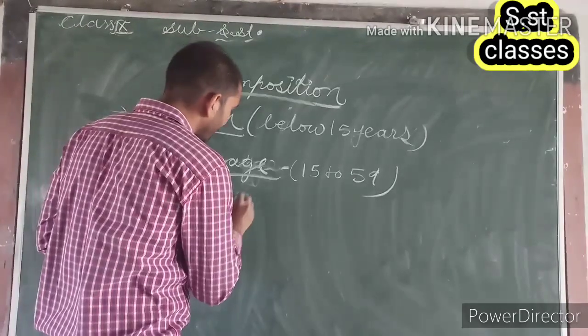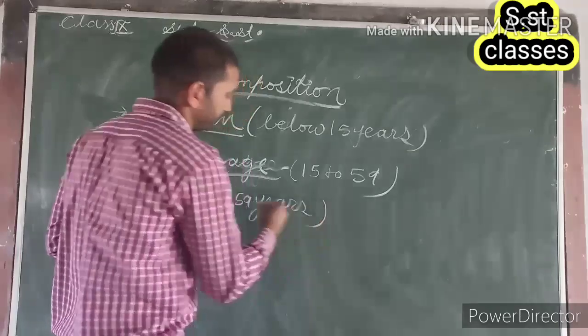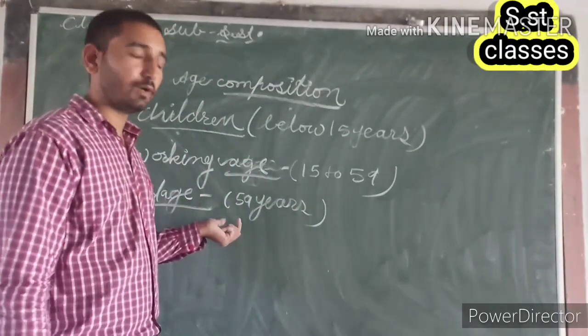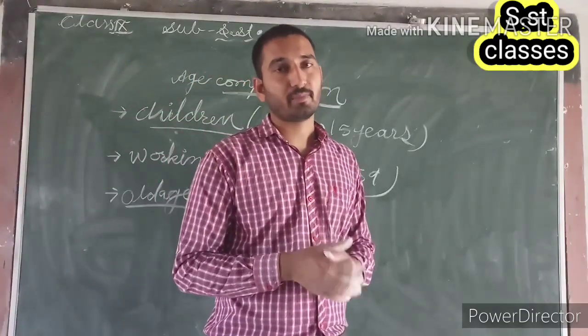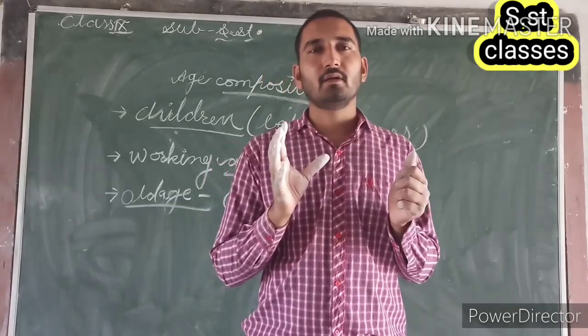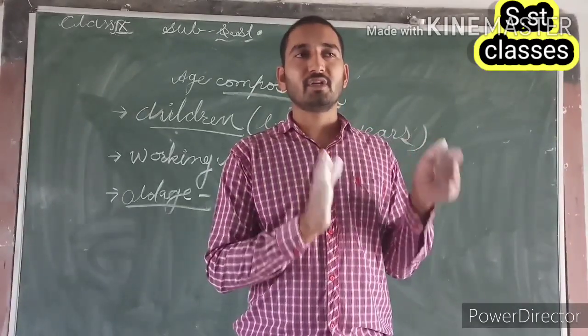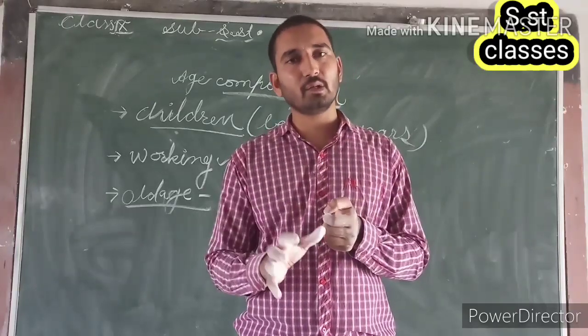The old age group is generally above 59 years. It means all the persons above the age of 59 years are included in the old age group. Guys, this is a group where generally the persons who are more than 59 years of age are included.